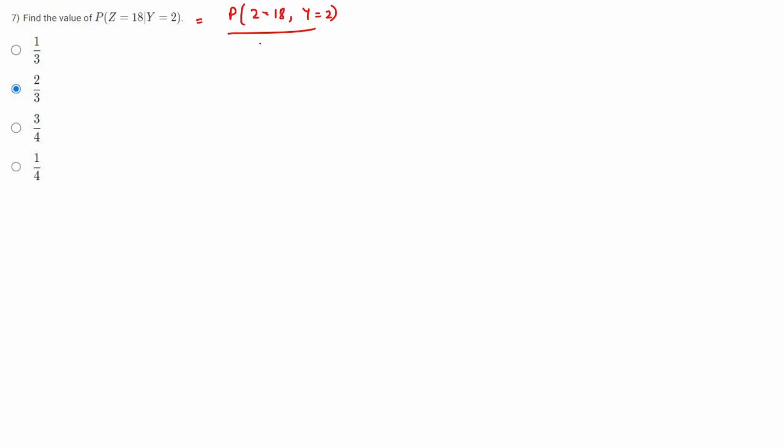Next question, find the value of p of z equal to 18 given y is equal to 2. That is nothing but p of z equal to 18 comma y is equal to 2 divided by p of y is equal to 2. That is equal to p of x equal to 3 comma y is equal to 2.